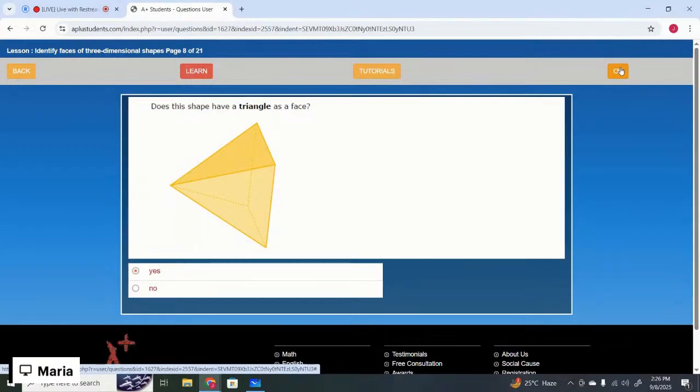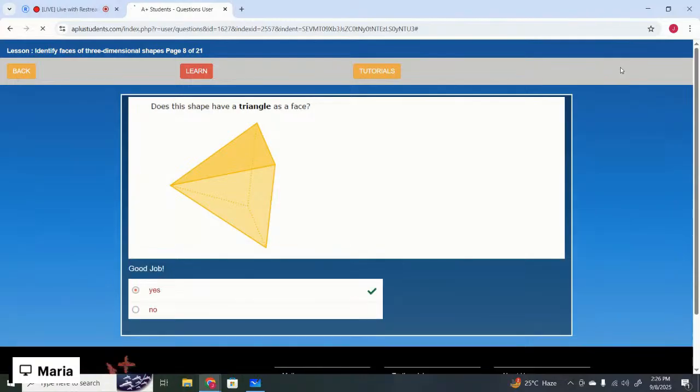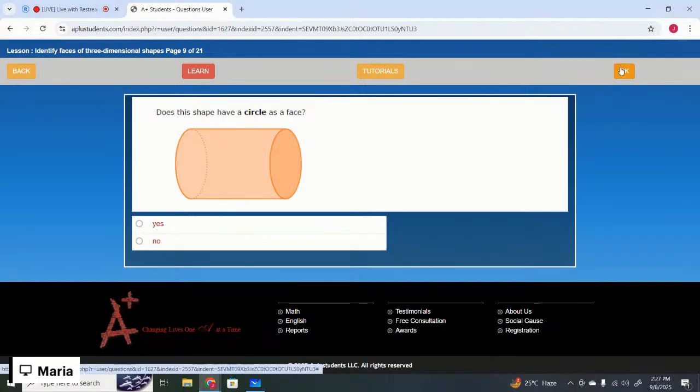Does the shape have a triangle as a face? Yes. The correct option is yes, it has a circle as a face.